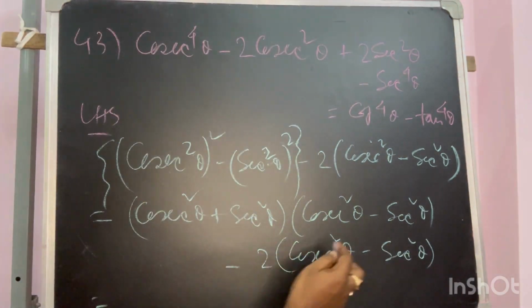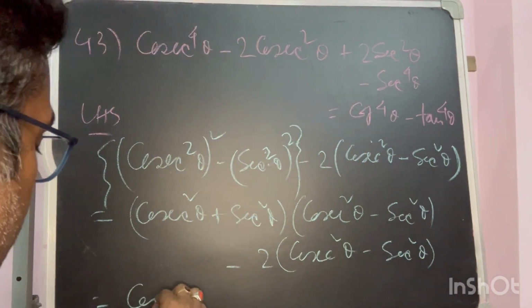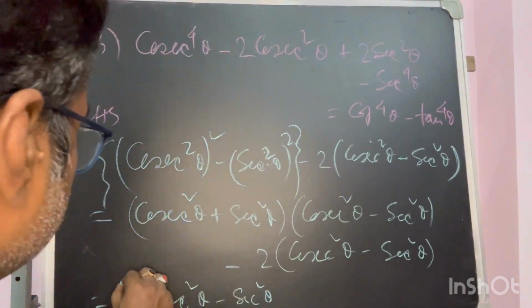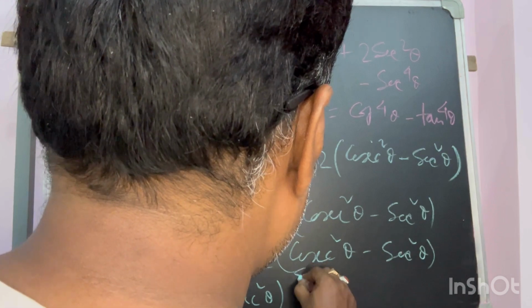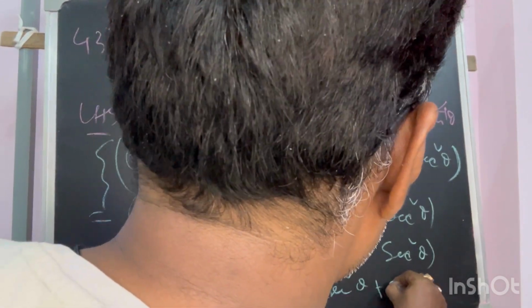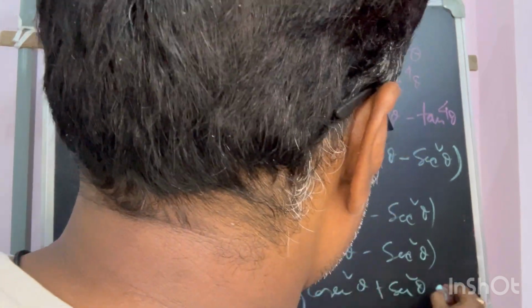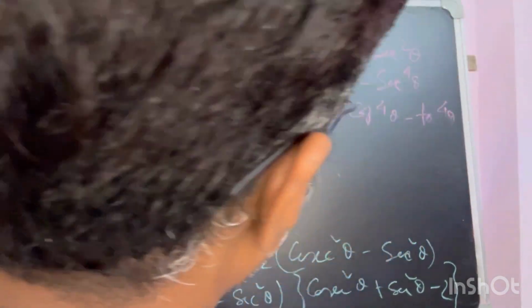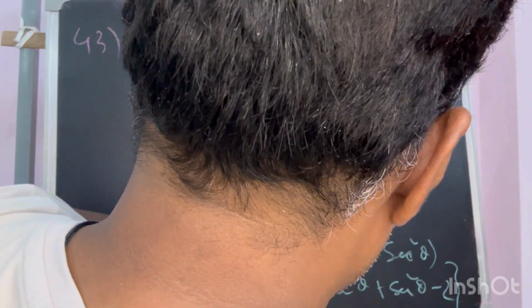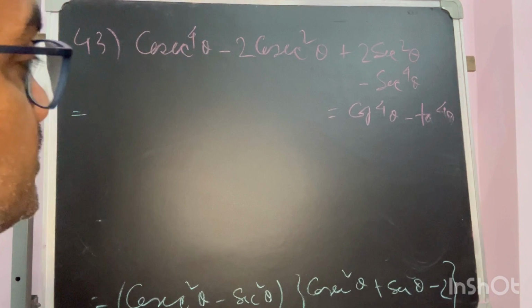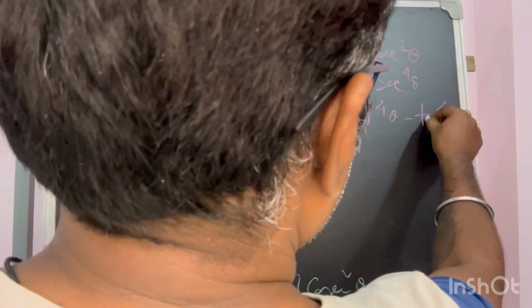So out of this, one term is common. I am taking it common, cosec square theta minus sec square theta, and the remaining is cosec square theta plus sec square theta minus 2, in another bracket. Now cosec and sec are related to cot and tan.